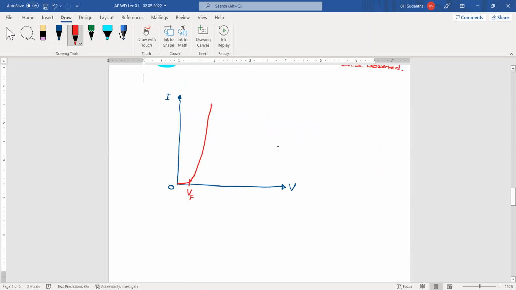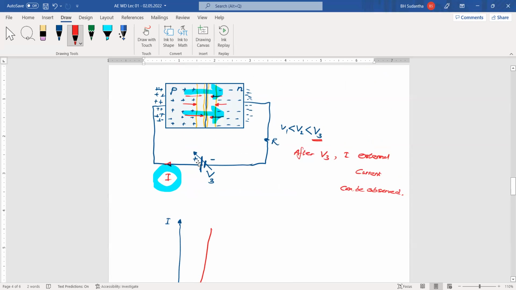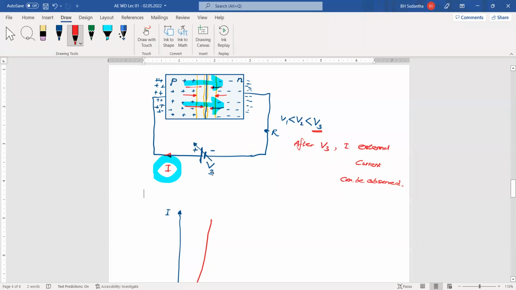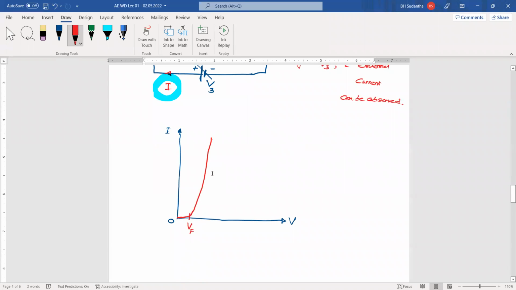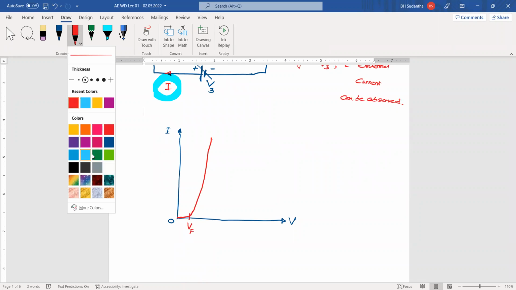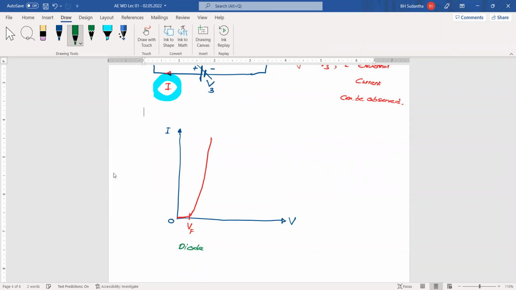Then this is the characteristic curve of a diode. When you apply this voltage this way, positive to positive, negative to negative, we say a specific word here. We say this diode is forward biased.